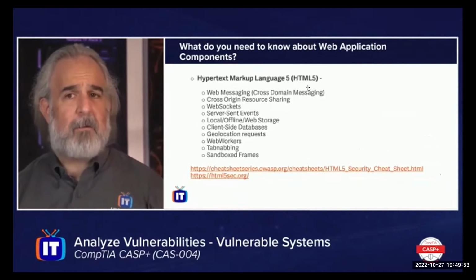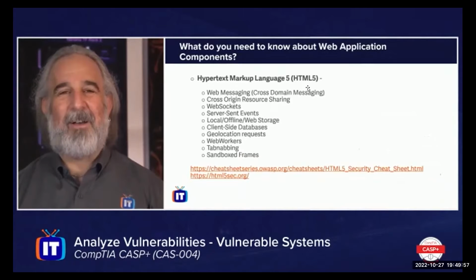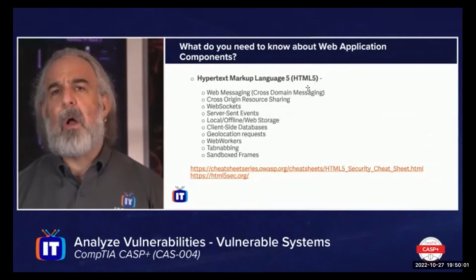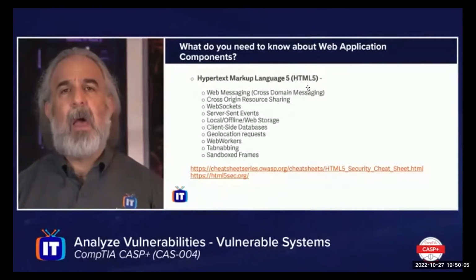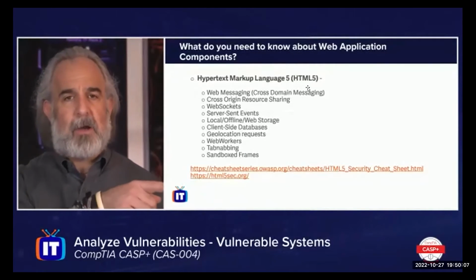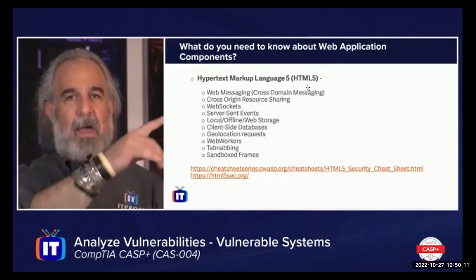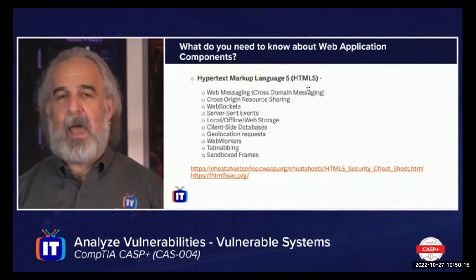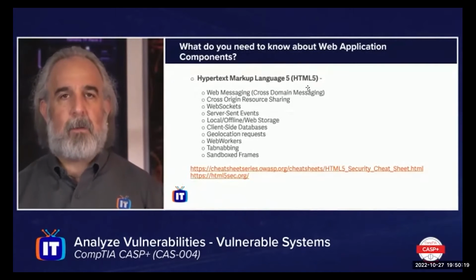And Chris, you did mention, if I'm not mistaken, HTML5. So let's make sure we end on a high note here. HTML, hypertext markup language. Want to make sure we're thinking about most current version, V5 or version 5. There's a lot of stuff that goes on here. Again, a cheat sheet URL there for good guidance on how to secure HTML5. But in general, HTML has been around, well, forever and a day. And there's a lot of good there, but there's also a lot of things that continue to be problematic.